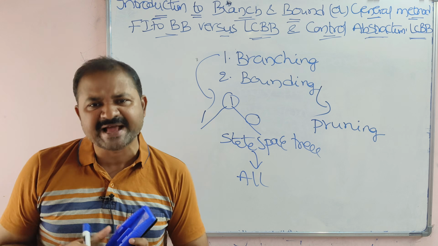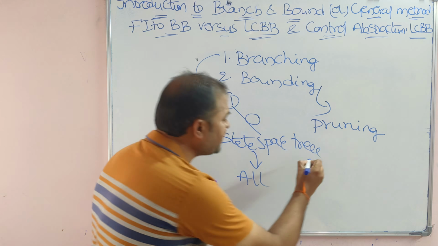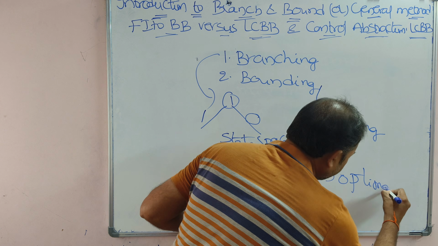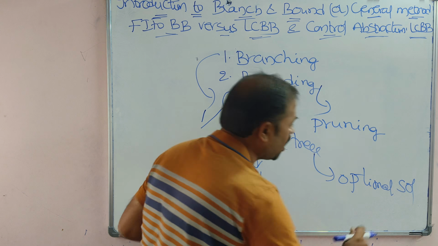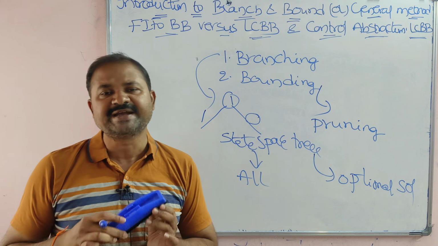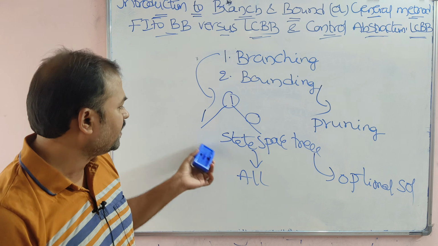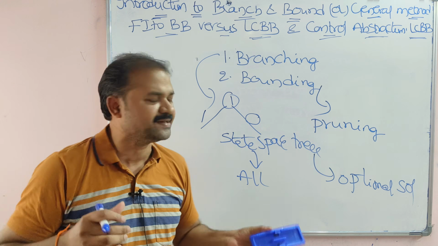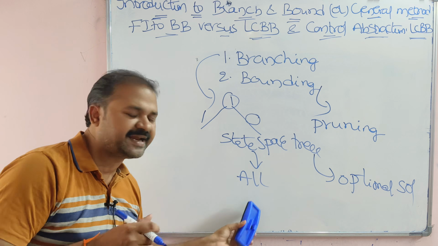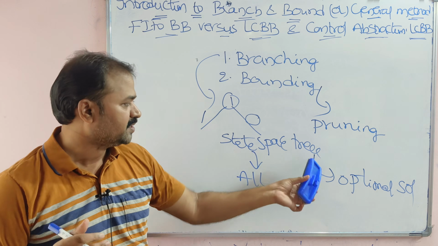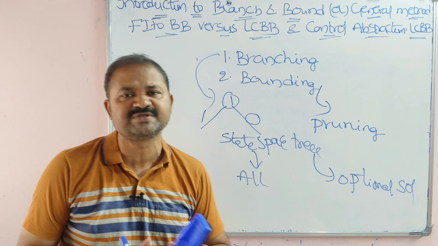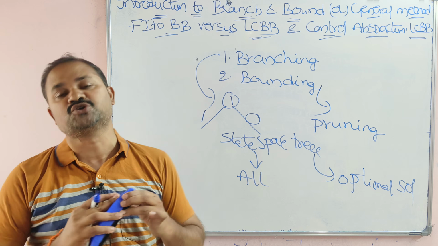Whereas in branch and bound, the state space tree will produce only the best solution, only the optimal solution. So that is the difference between backtracking and branch and bound.